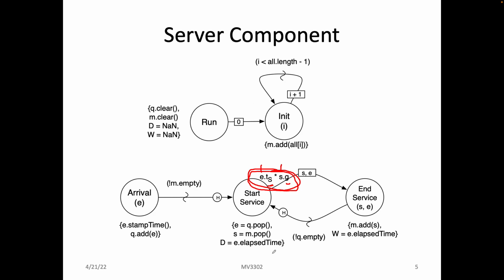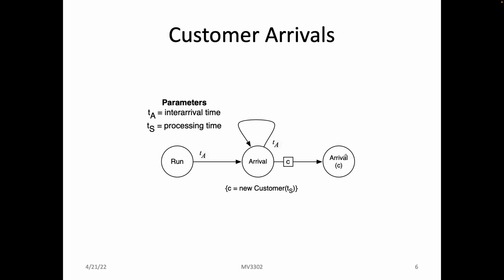Okay, so basically that's the one additional thing. Now, as I said, we need to have an arrival event, a sequence of arrival events that have a customer in them. Since our customer only has a single attribute of a service time, we need to have an arrival-like process.